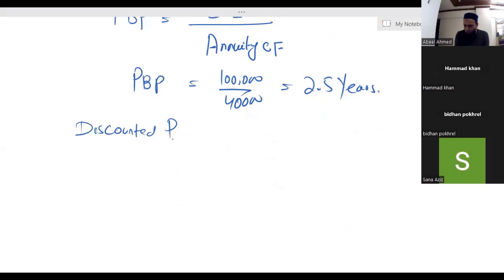Yeah, we can do it right now, no issue at all. Discounted payback period. In discounted payback, how do we calculate payback? You just have to work on present values.